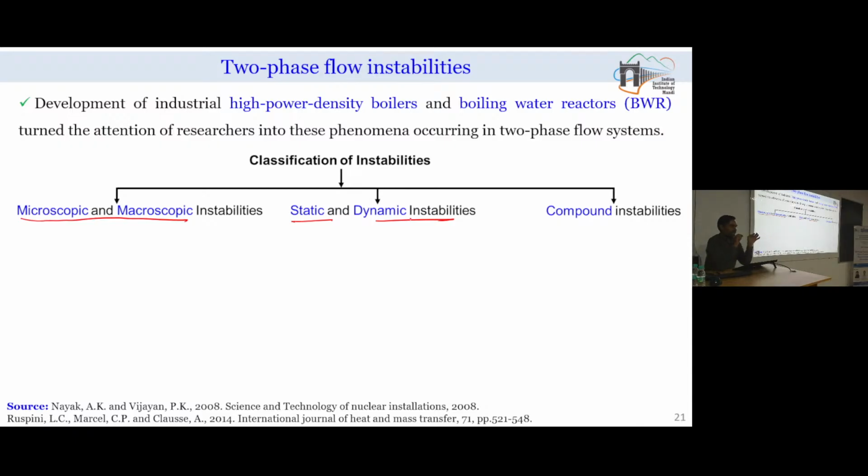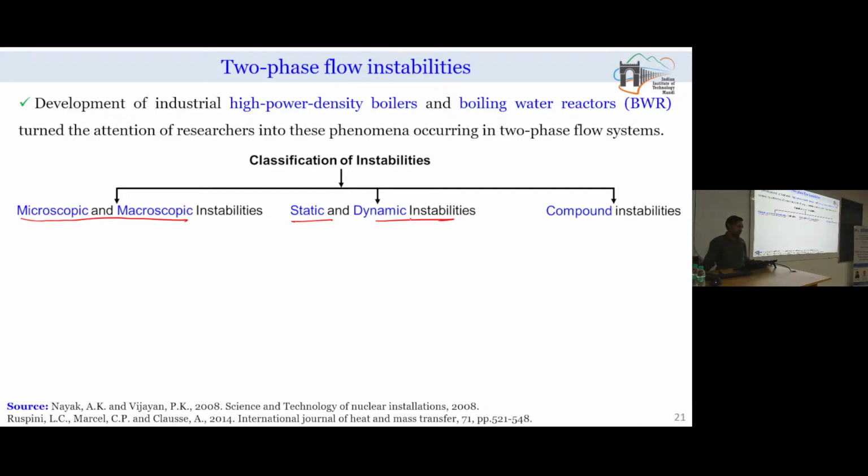Any type of instability which can be explained by steady state analysis is called static instability. The instability which requires the temporal term to be accounted for in order to fully analyze it is called transient instability. And compound instability is whenever two or multiple types of instabilities join together and affect the entire flow.